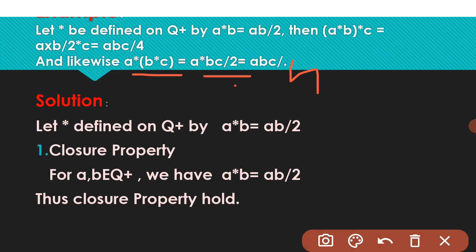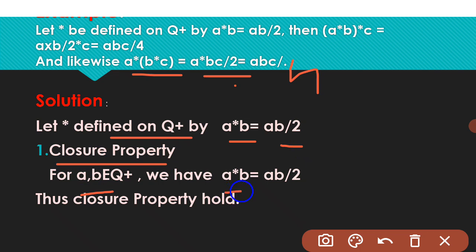Now we are going toward the solution. Let's have a look: let asterisk be defined on positive rational numbers. a asterisk b is equal to ab by 2. Here the first property we apply is the closure property. We know that a, b belong to positive rational numbers.